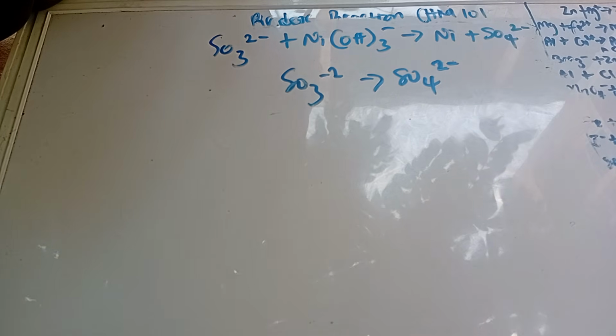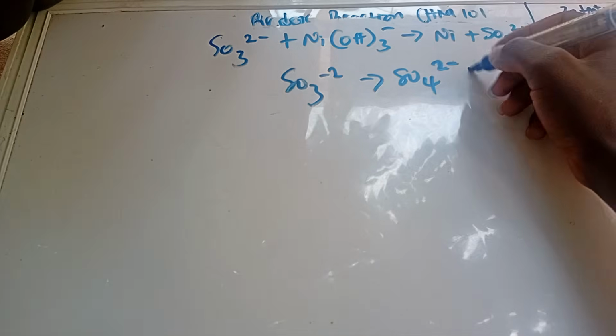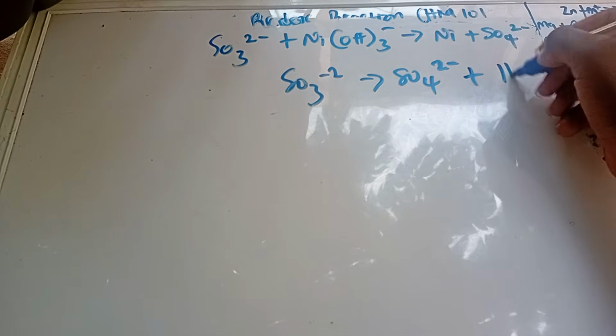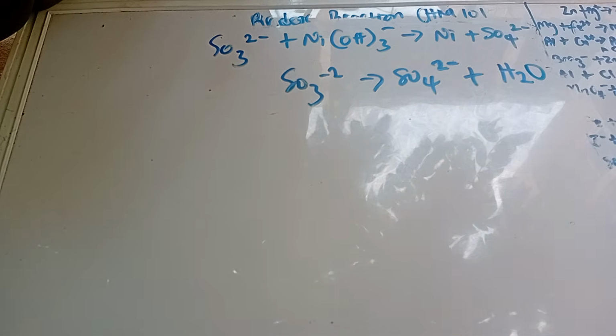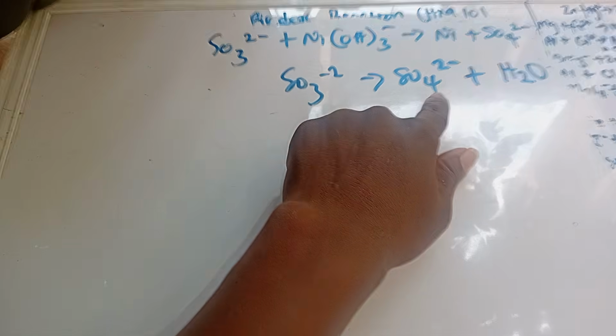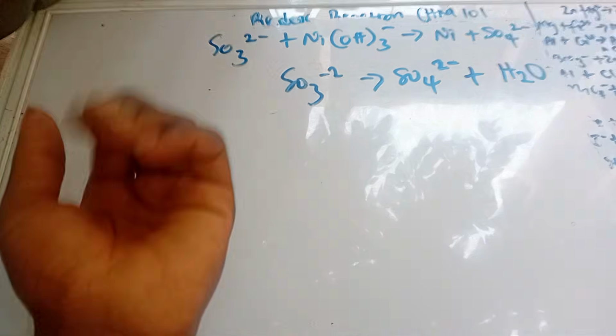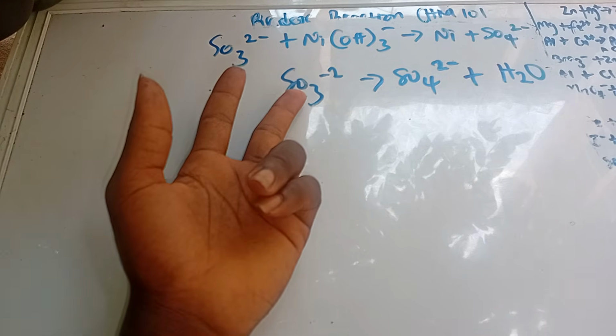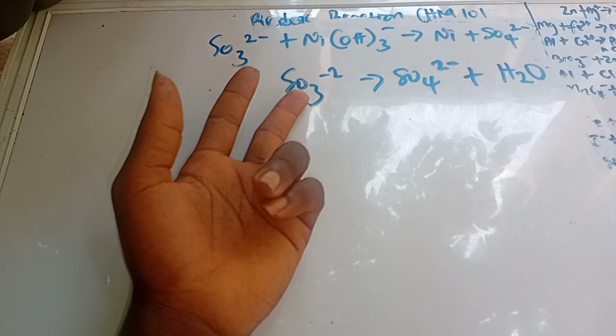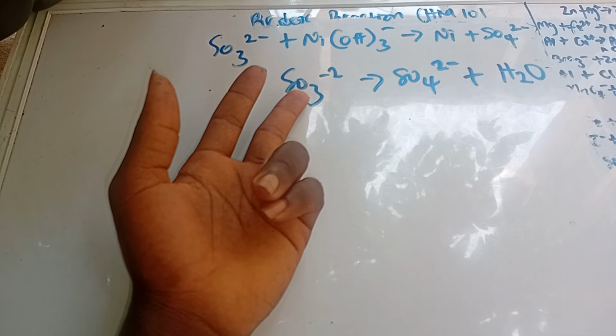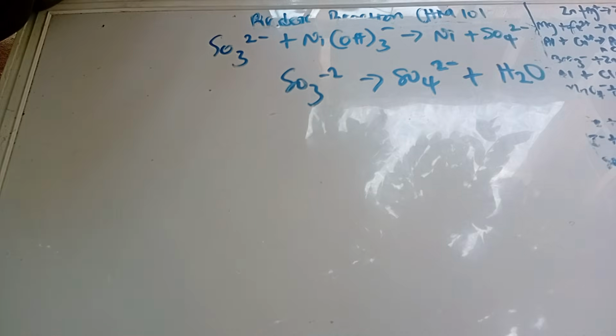Now, like I said, you are going to add water to the side with more oxygen for basic medium. So plus what? H2O. Now should we add 4H2O? I told you the number of oxygen will be the number of water you will add. But because we already have 3 oxygen here, I think we can just add one more water.